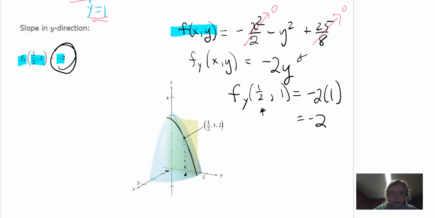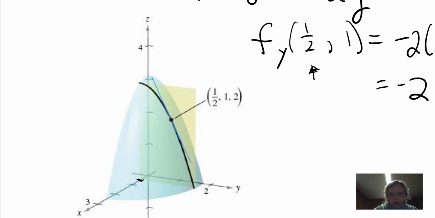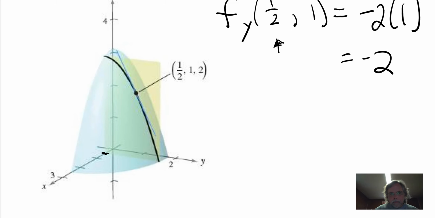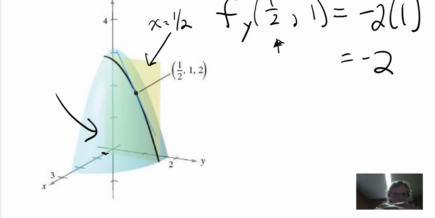Now back to the partial derivative. Once again, we have this surface, in the bluish color, the 3D surface graphed here, z equals f of x, y. We have a plane, which in this case is the plane x equals 1/2. The intersection of that plane with the surface is that black curve, the arc.